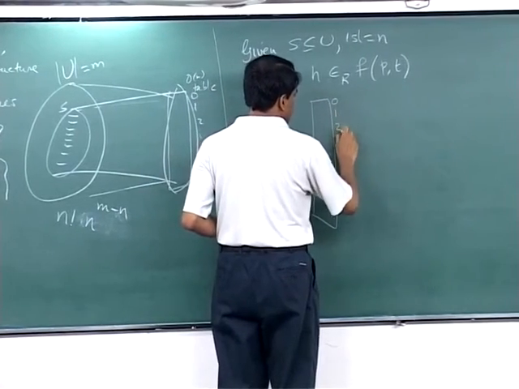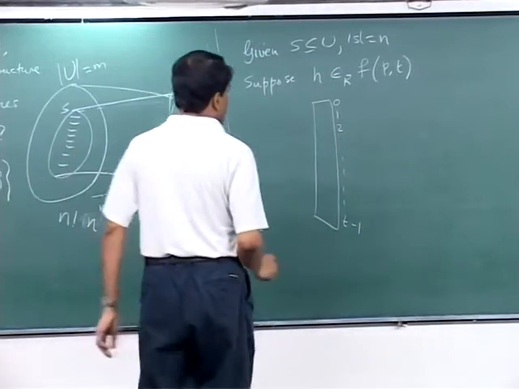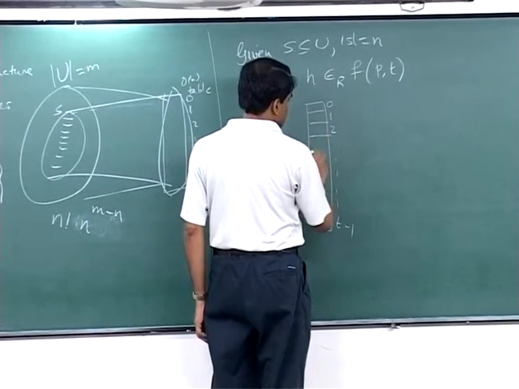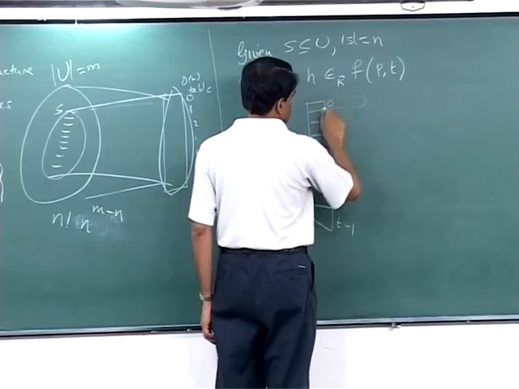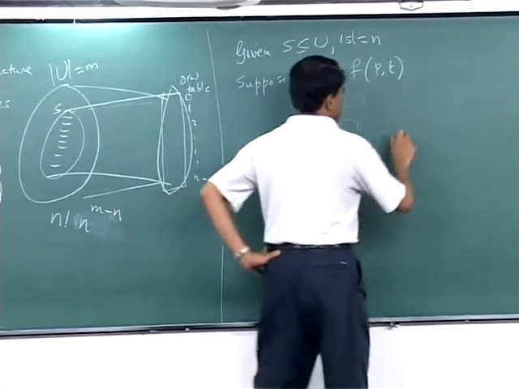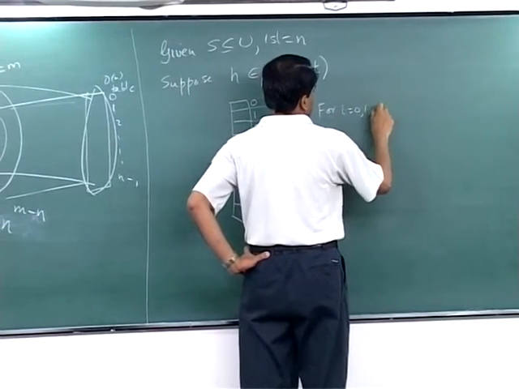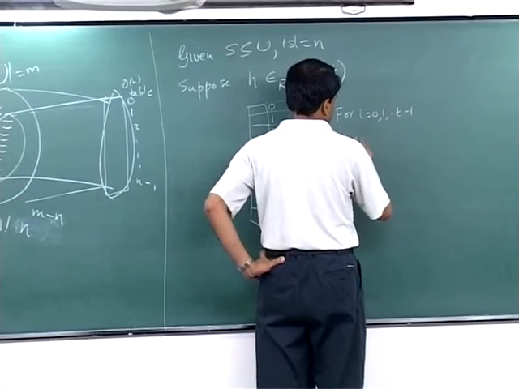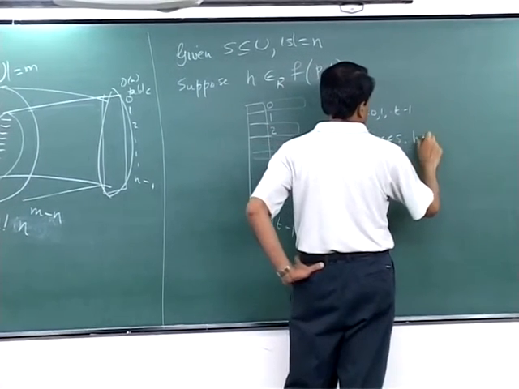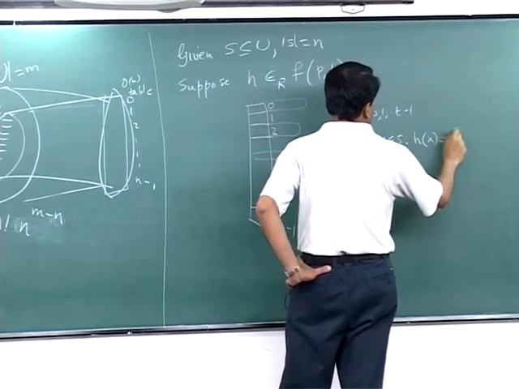The range of this function is 0 to t minus 1. So elements of S get mapped to various locations. Let's call Bi the set of all elements in S such that h of x is equal to i.